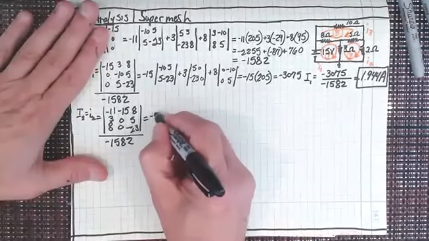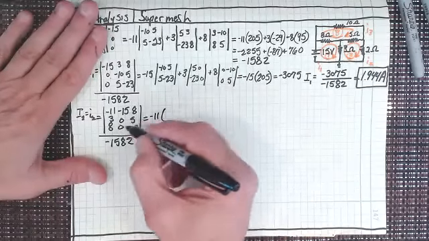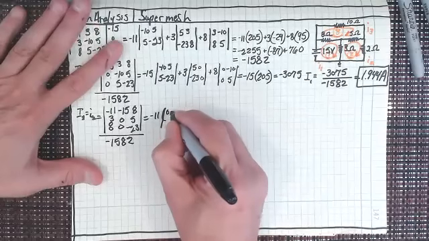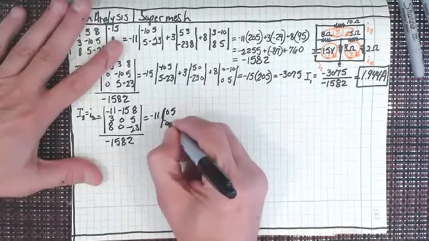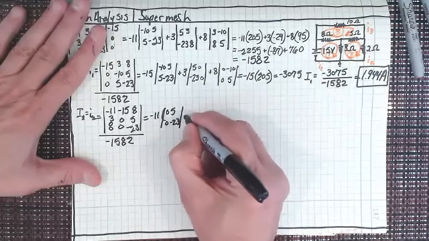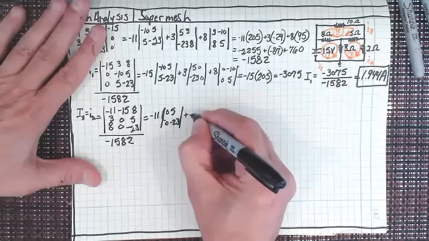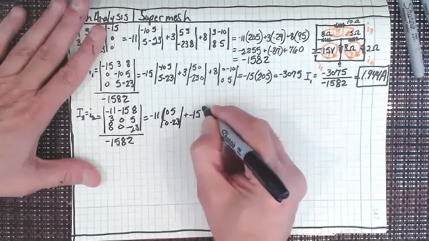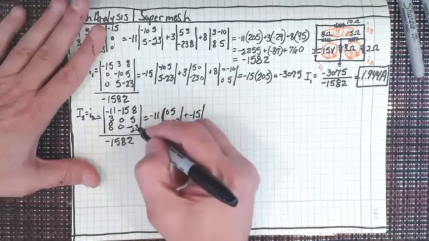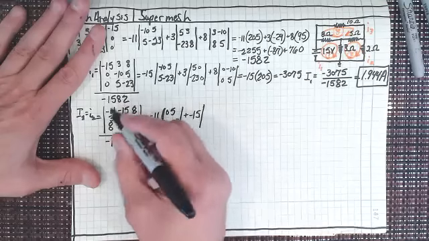So I've got minus 11, and then that's going to be, well, I'll draw it out. 0, 5, 0, minus 23. I'd rather do it than lose people. Minus 15, and that's going to be the 5, 0, minus 23, 0.